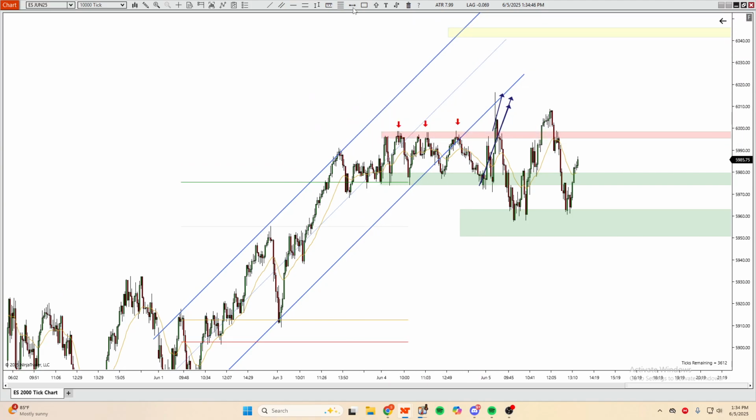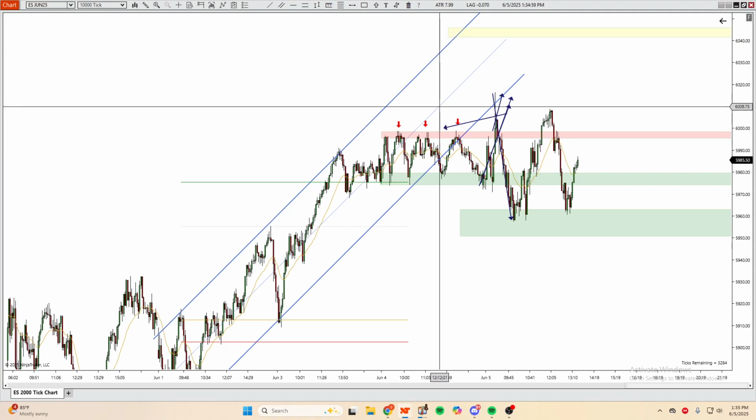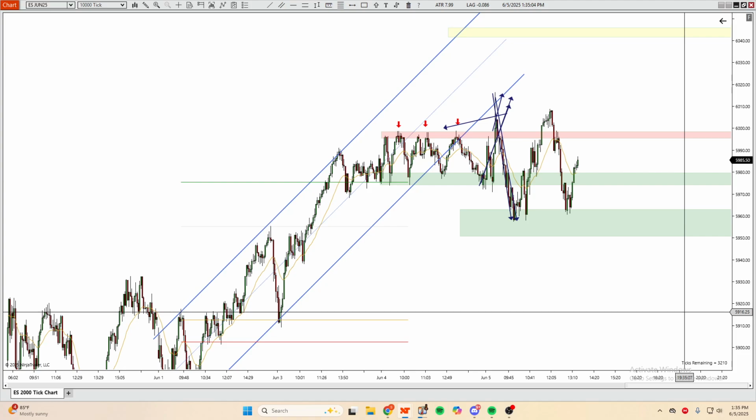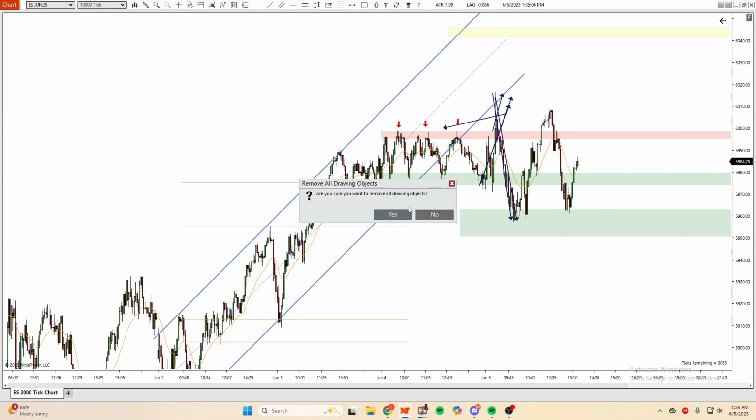So now if an institution wants to tank the price to the 50%, they now have all of these people on the bid side of the market looking to buy, that institutions can now sell their positions to, which allows them to get this big rally to the downside. Right? That's how liquidity sweeps work.